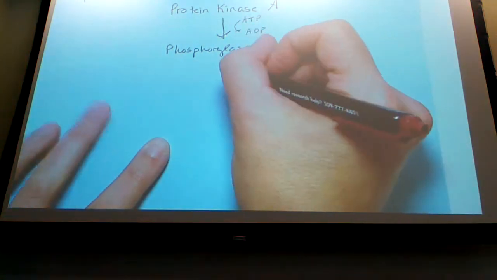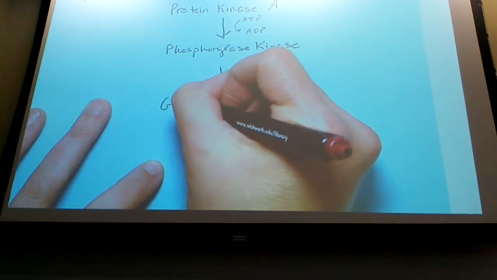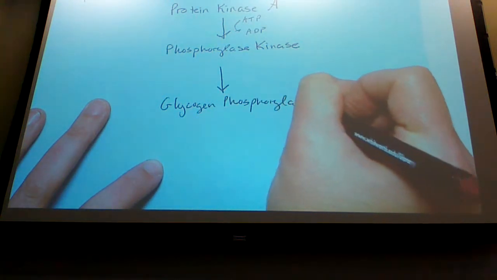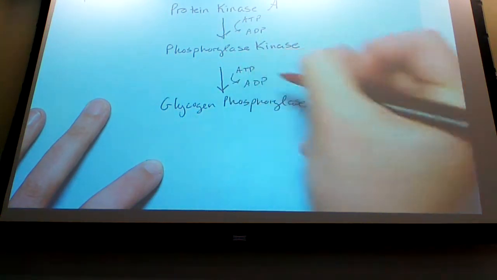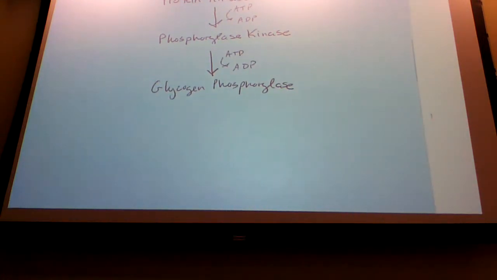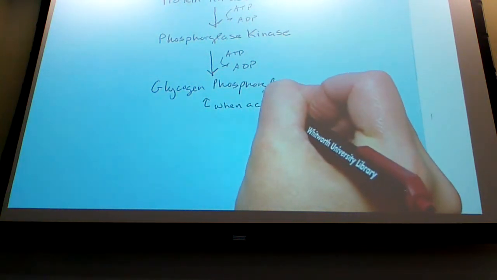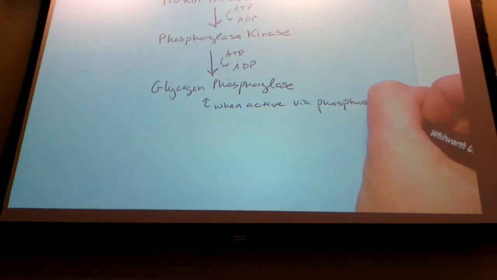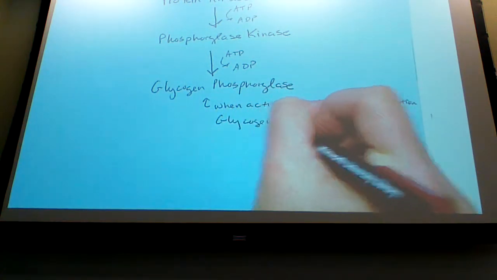And then phosphorylase kinase is going to phosphorylate glycogen phosphorylase. And so then when this is active, we have phosphorylation. Glycogen is broken down.